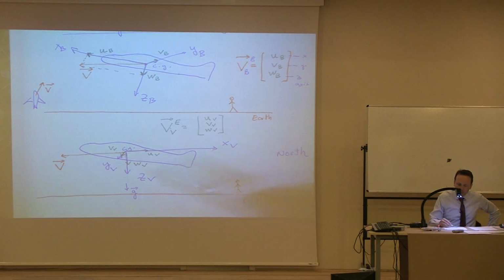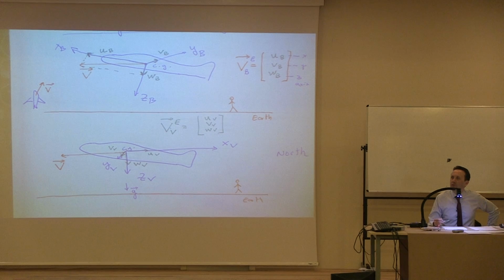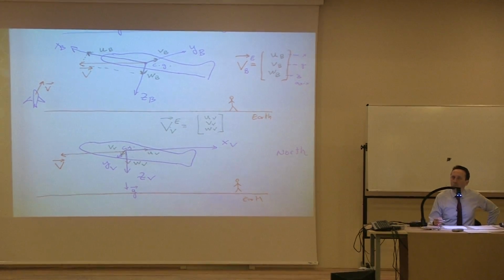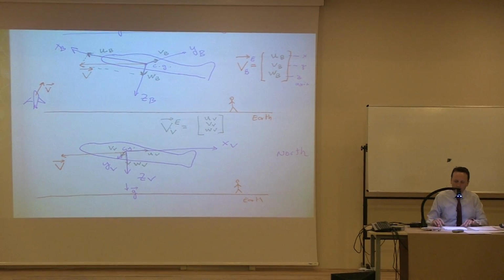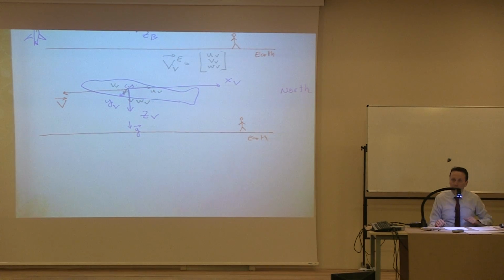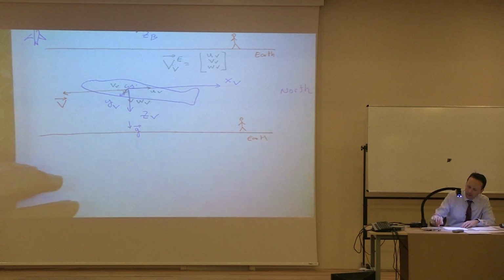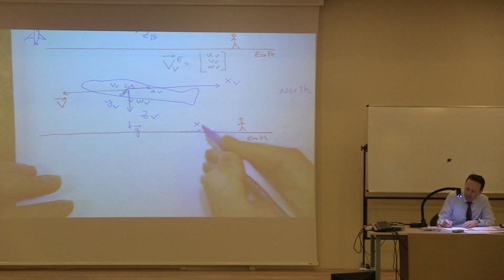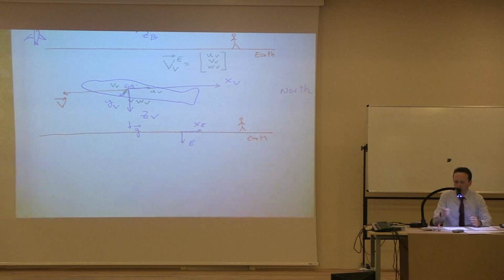Could I write this velocity vector now in the wind axis system? Yeah, of course I can. I can write it in the Earth fixed coordinate system. Of course, it will not be easy, but you can. I can put a coordinate system over here. I don't know, if this is north, then X Earth will be like that, Z Earth will be like that, and then whatever.